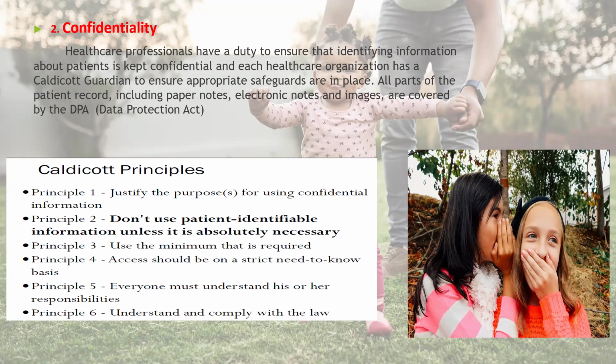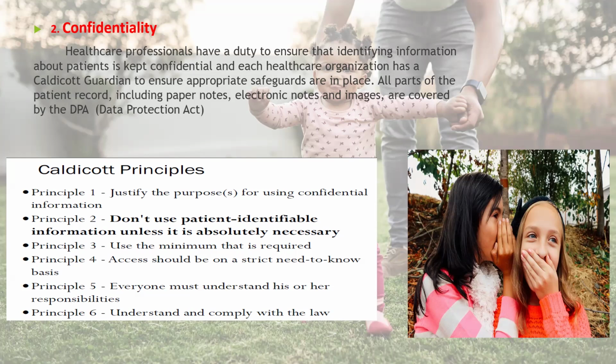Confidentiality means that the patient's clinical information or data shouldn't be shared with anyone at all unless the patient agrees. So if someone calls on the phone, for example, asking for the information of his daughter, no, I cannot give the information to this caller.